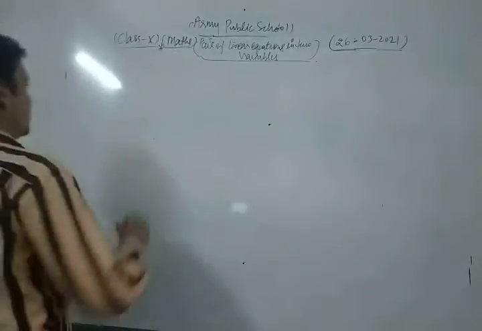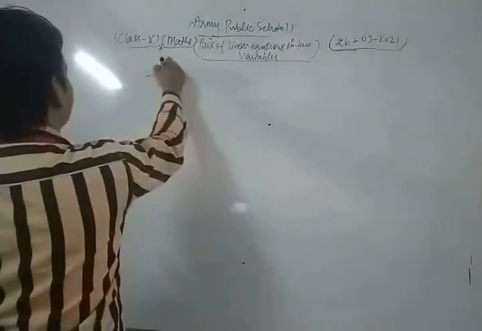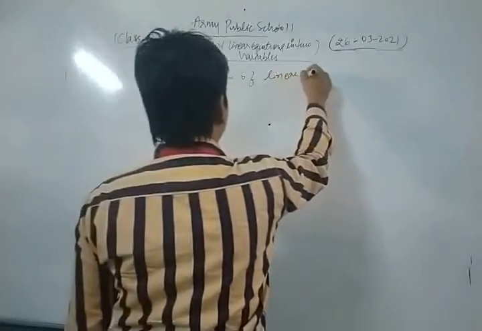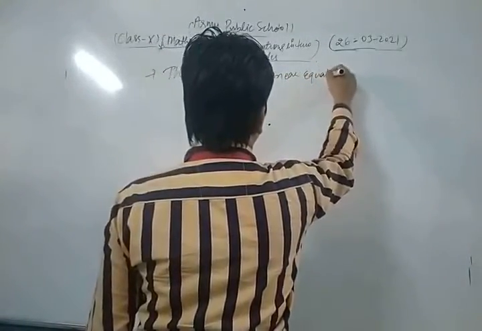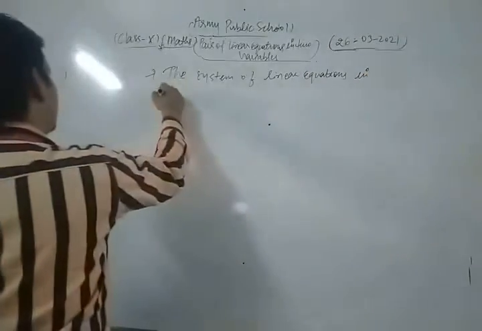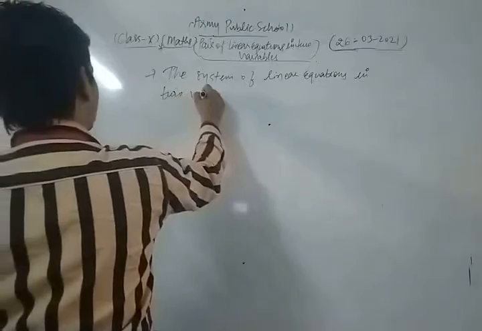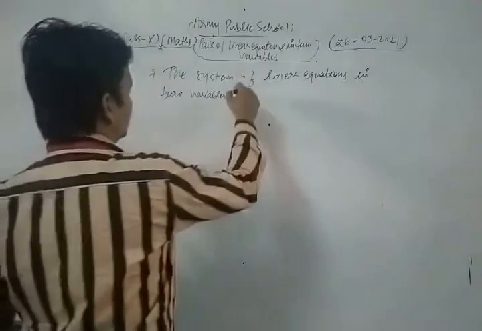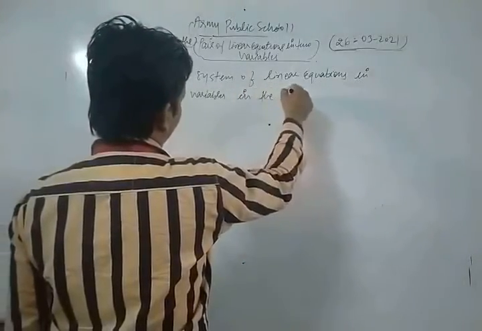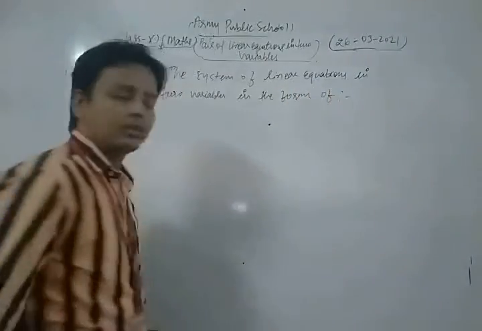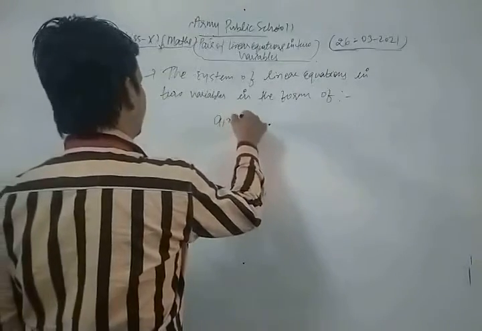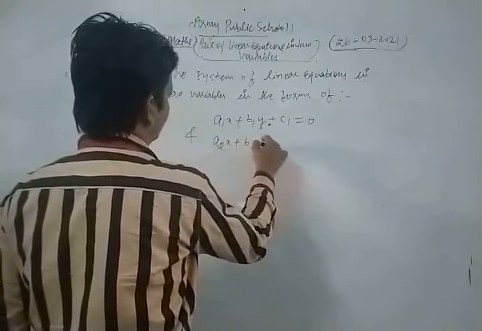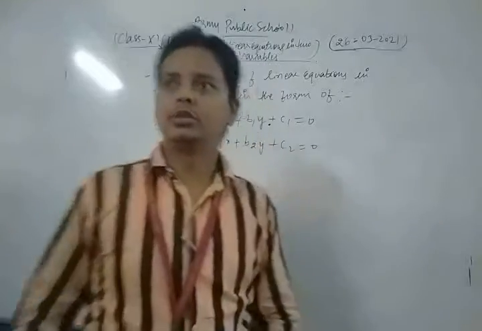Dear students, the system of linear equations in two variables is of the form a1x plus b1y plus c1 is equal to 0 and a2x plus b2y plus c2 is equal to 0.